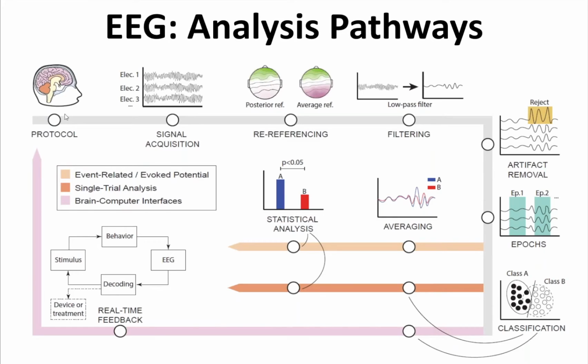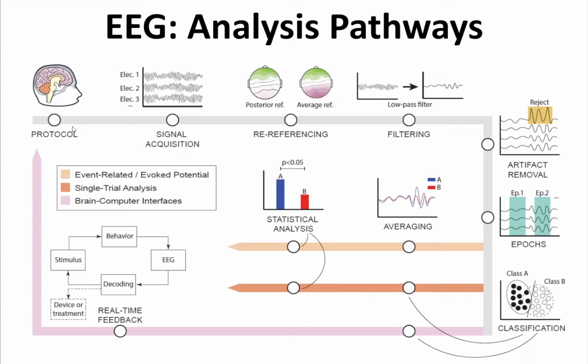So if you think about a typical analysis pathway, we often start with some type of experimental protocol. We acquire data, we might re-reference data, we might filter the data, remove artifacts, epoch the data, and then we can either go into a straightforward signal averaging and statistical analysis, or we can start moving into more complicated analysis approaches, which are currently quite fashionable, based on classification techniques, decoding techniques, and even brain-computer interfaces that allow us to close the loop and go back and impact the research protocol that we're working on.